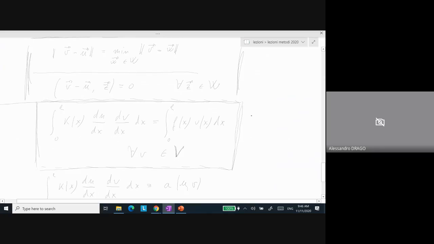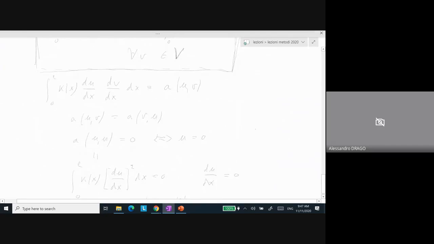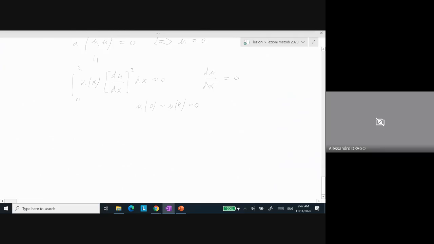I can also introduce the notation (F, V), that essentially is also a sort of scalar product that I defined here. (F, V) is this integral here. Okay, so I can write that equation in the form A(U, V) equal to (F, V), and this for whatever V belonging to the space V.